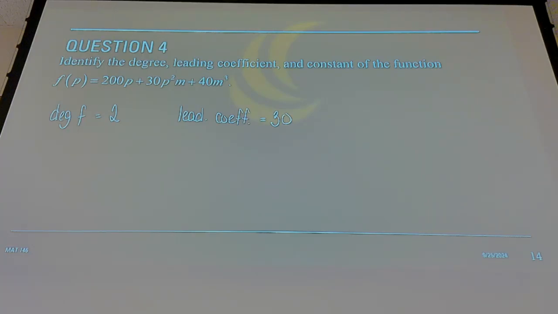This is incomplete. So how did you get 30 as the leading coefficient? Is 30 the coefficient? $30M.